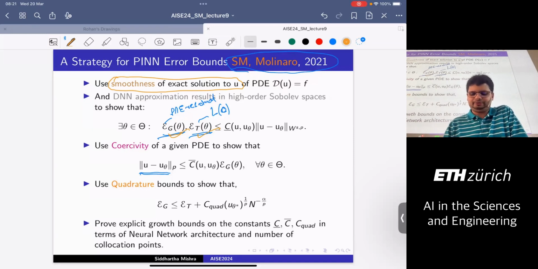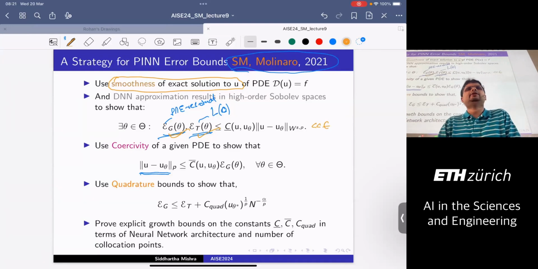You can estimate them, because in the space of neural networks you have some closeness, some approximation to the exact solution of the PDE.